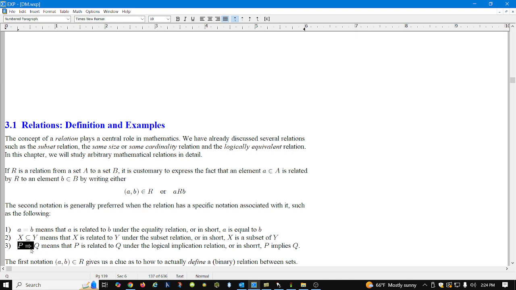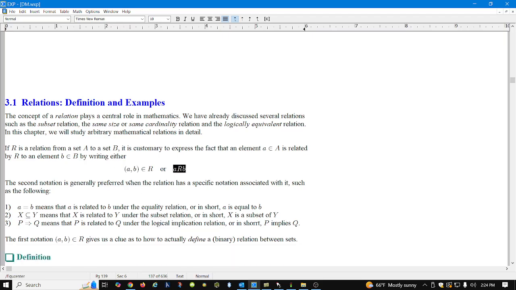And this notation means that p implies q. So that's this form of notation here. But the first notation is the one that gives us a clue as to how to actually give a formal definition of the concept of a binary relation between sets.